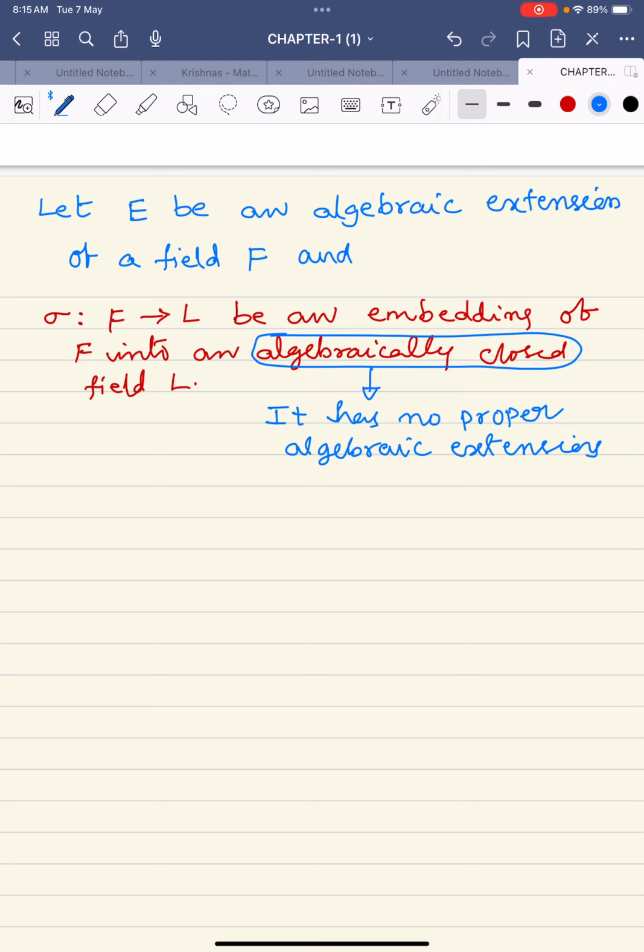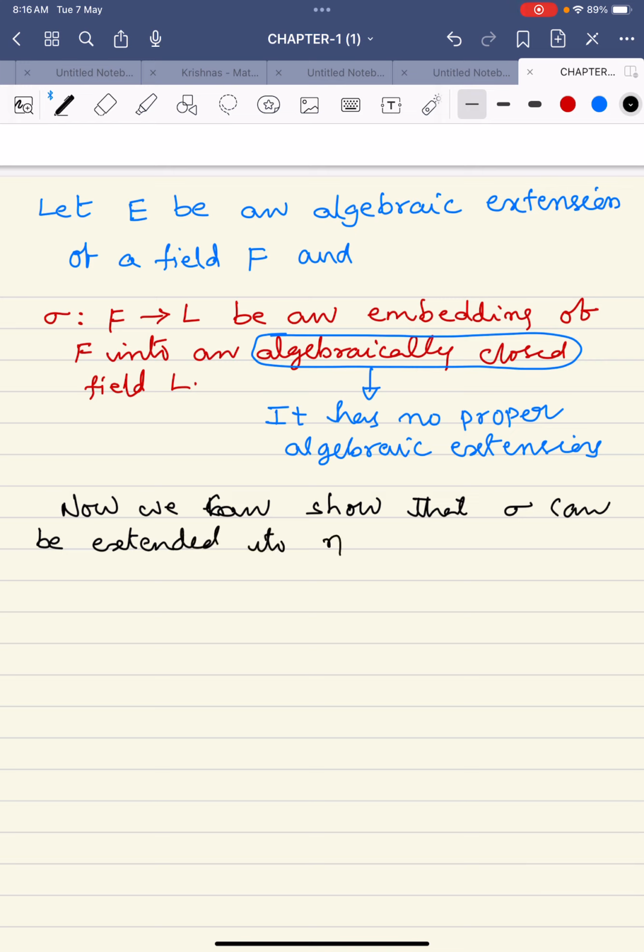Now we can show that sigma can be extended to eta that maps E into L. Right.